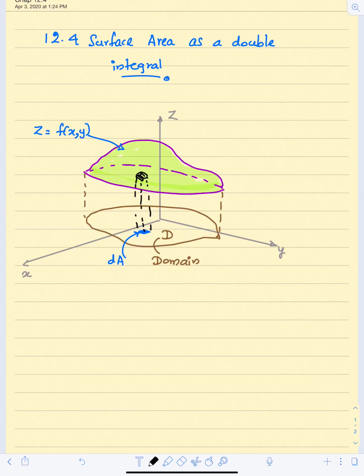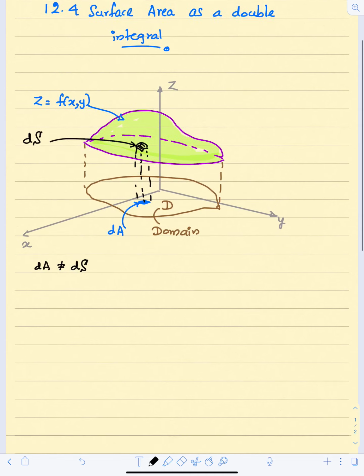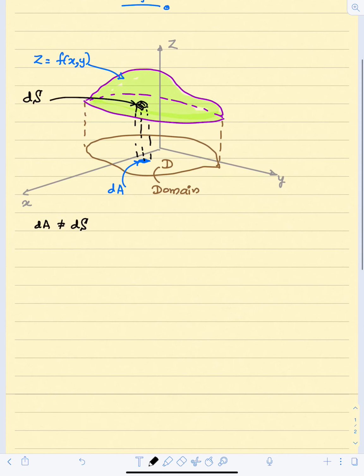So this surface area element, usually we denote using dS. Now in general, dA, an area element on the xy plane, does not equal the surface area element dS.